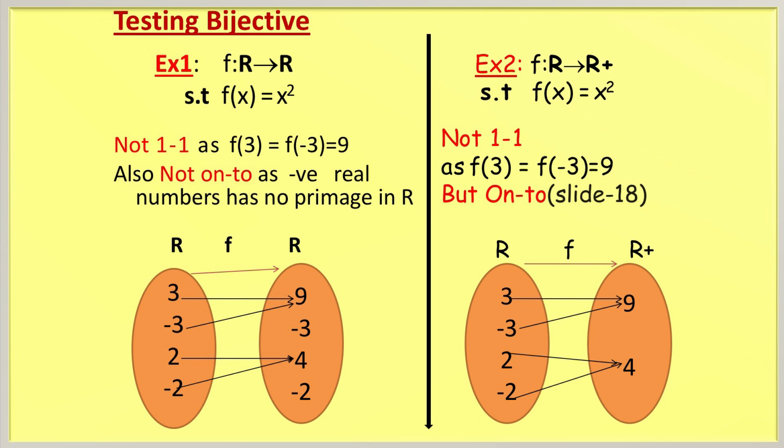As you see in example 2, the function formula remains the same, it is R to R plus. Here the codomain is changed from R to R plus. So, again 3 and minus 3 go to 9, because the square of 3 is 9, and minus 3 square is 9.